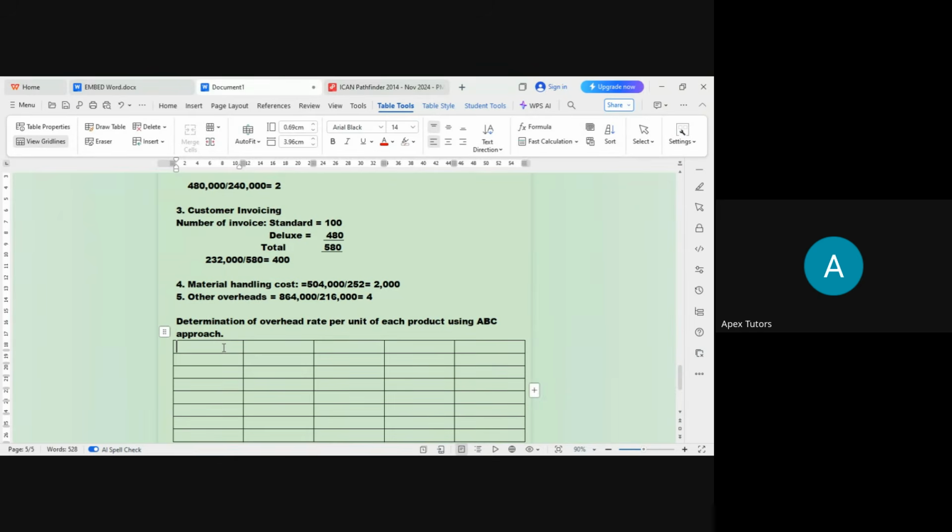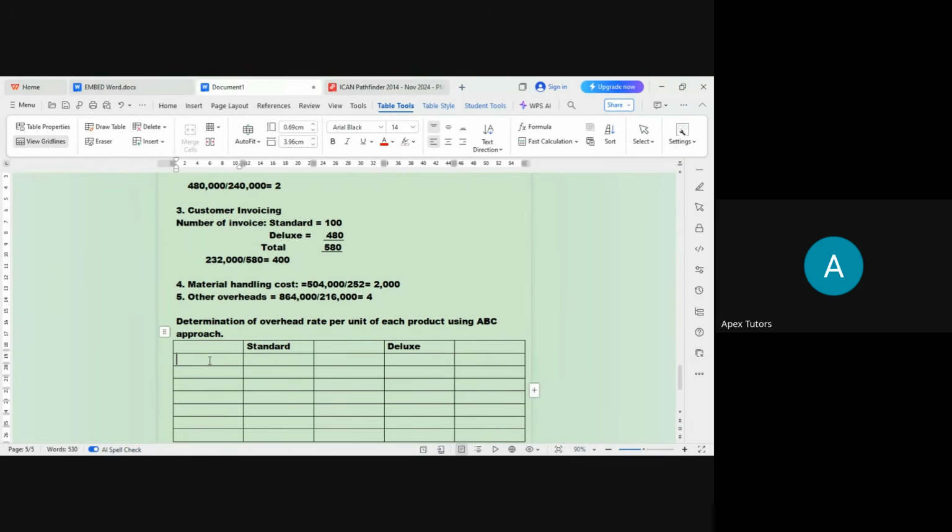Overhead rate per unit of each product using the ABC approach. We have standard and we have the loss. Now, determination of overhead rate per unit.